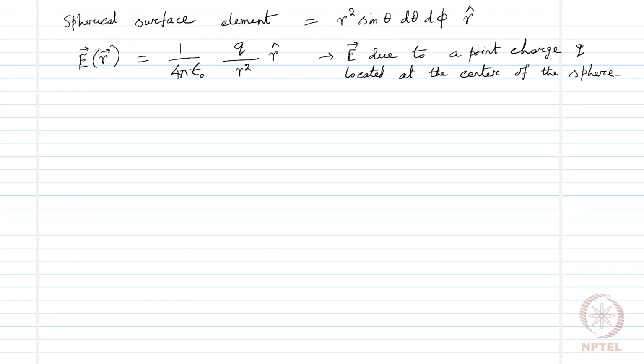Now, if we have this kind of an arrangement, and we try to find the total flux of this electric field through the spherical surface, we will perform a surface integral. That surface is enclosing a volume, that surface is a closed surface, over E dot dA, and this way we will have integration over 1 over 4 pi epsilon naught q over r squared r cap.